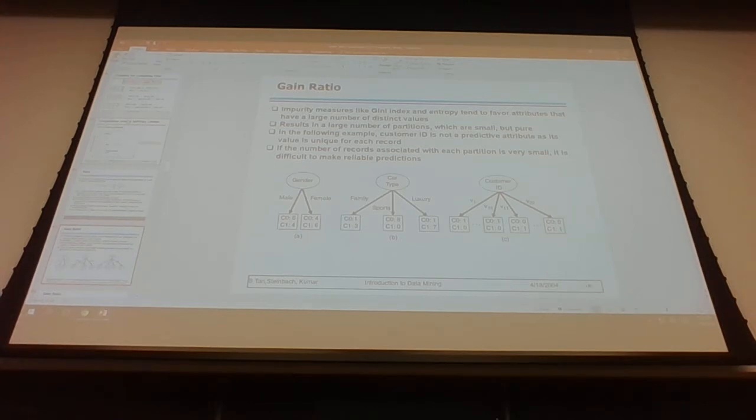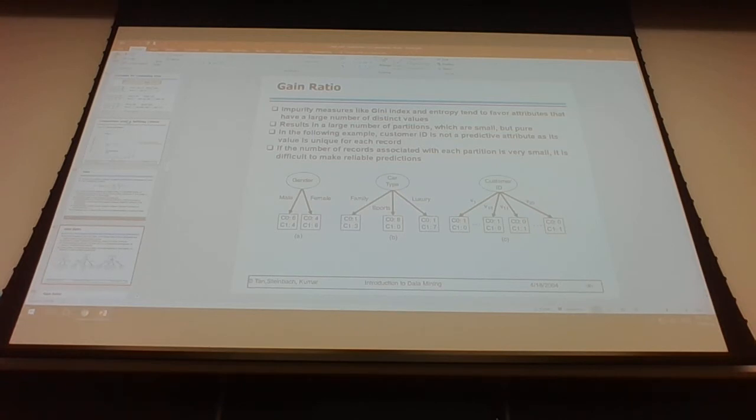The purpose of the gain is to reduce the impurity of the split. Now one way to reduce the impurity of the split is to have one leaf node for every data point, which will have the least amount of impurity. Every class is pure, but that is not what we want. We don't want to increase the number of splits to that extent. So the gain doesn't give us that picture.